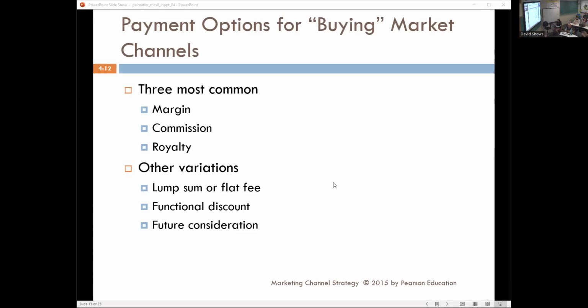The last is royalty. And this is a percentage of the reseller's business. A royalty doesn't have to do with any individual corporation, but you're talking about a percentage of whatever the reseller makes, you make a particular margin.